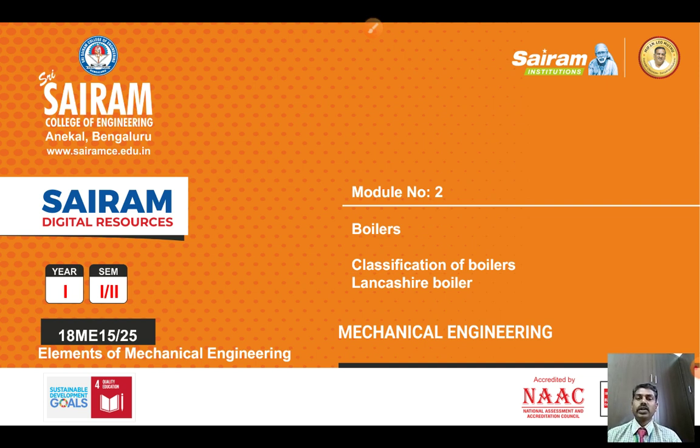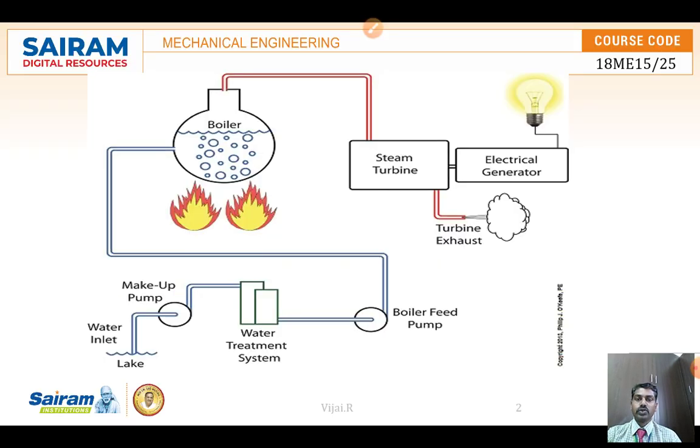So first of all, what is a boiler and what is the use of the boiler? A boiler is used to produce steam by adding heat in the boiler drum. When we keep water in the boiler and keep heating it, it produces steam. That steam is utilized by the turbines and generators to produce electricity.